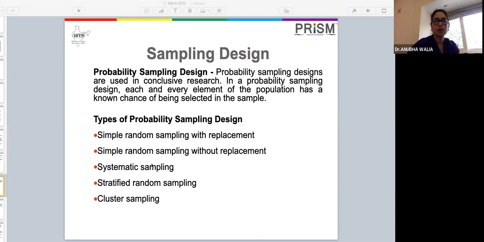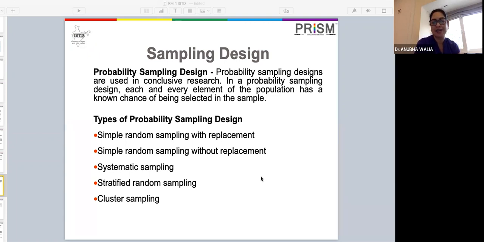Now, another one is what we call stratified random sampling. At first, the population is divided into groups or strata. The strata is basically a group, each of which is homogeneous with respect to the given characteristic feature. Then from each stratum, the samples are drawn randomly.